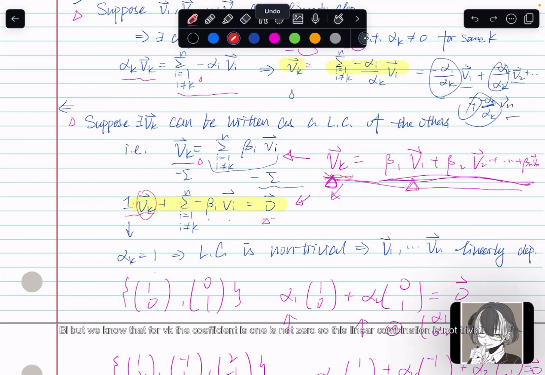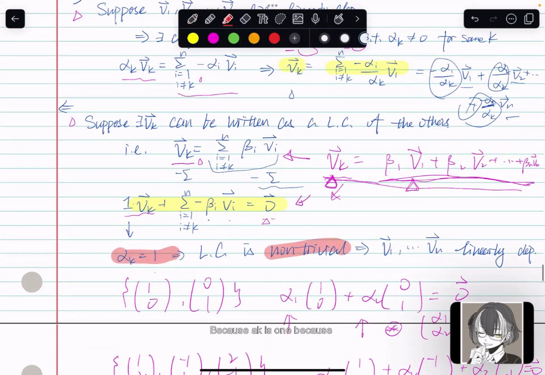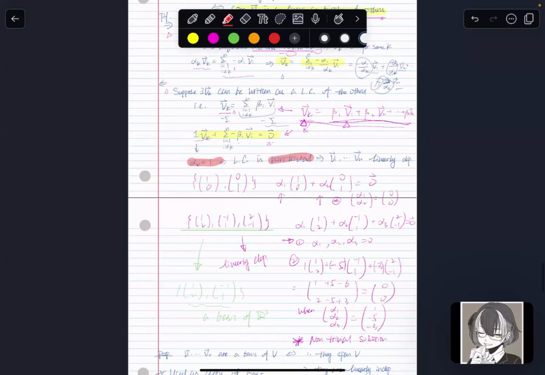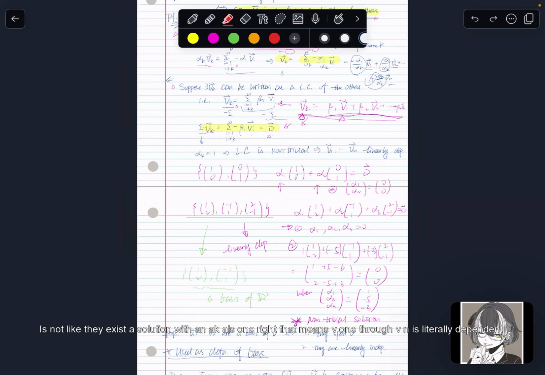So this linear combination is non-trivial, because alpha k is 1. Having alpha 1, alpha 2 be 0 is not the only solution. There exists a solution with alpha k equals 1.